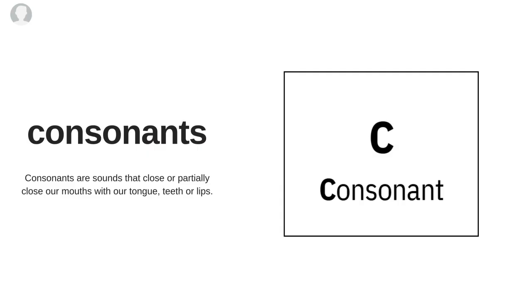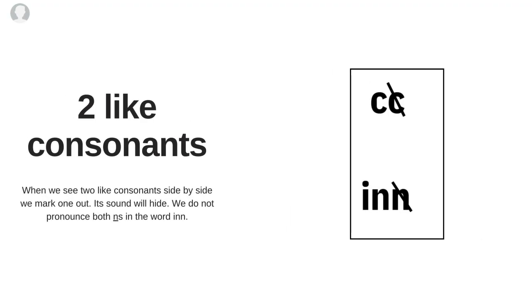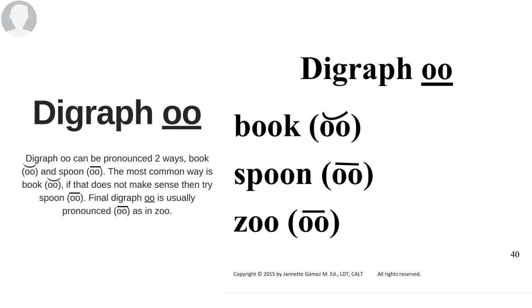Consonants. Consonants are sounds that close or partially close our mouths with our tongue, teeth, or lips. Two like consonants. When we see two like consonants side by side, we mark one out, its sound will hide. We do not pronounce both ends in the word in. Digraph OO.